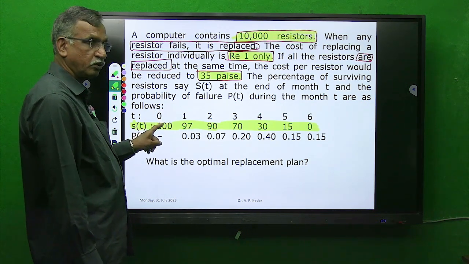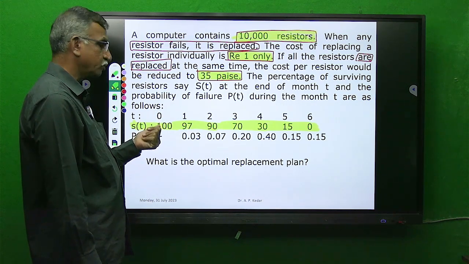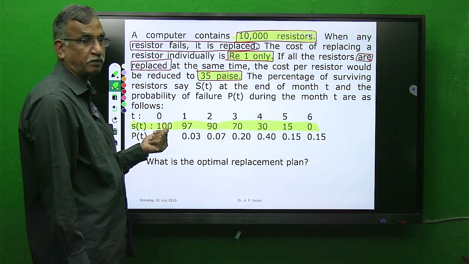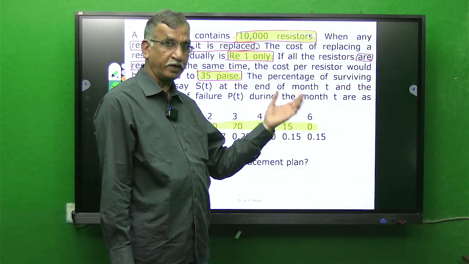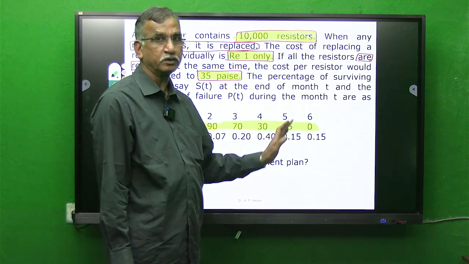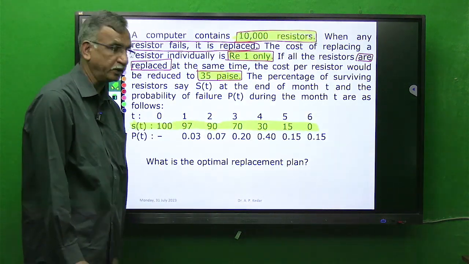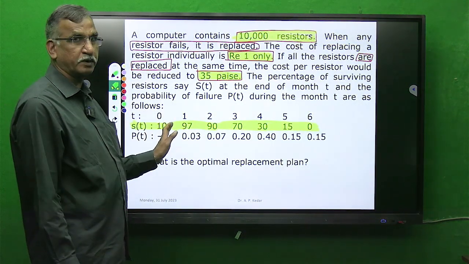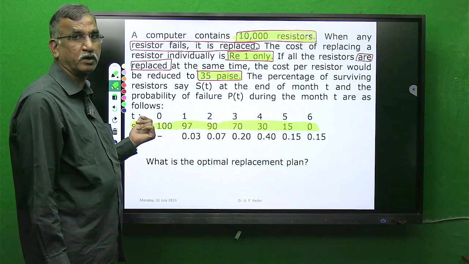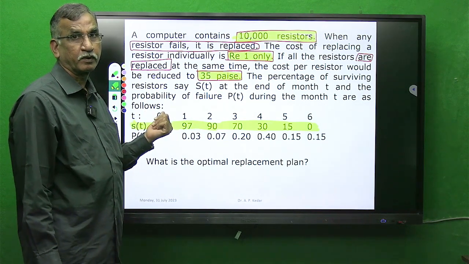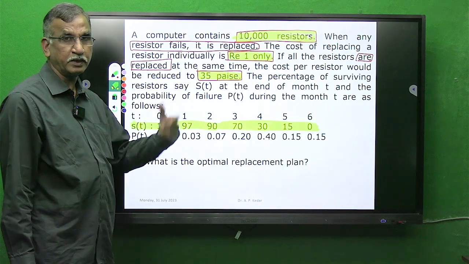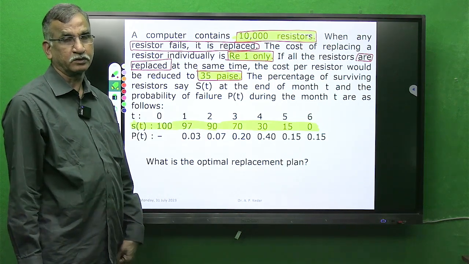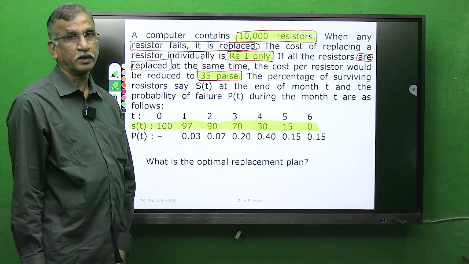At the current situation it starts with 100 when it is survival, and for the end period it ends with 0. Keep in mind that whenever data pertaining to survival is given, the first value will always be 100 and the last value will be 0, because at the end there will be death or complete wear and tear of the item.